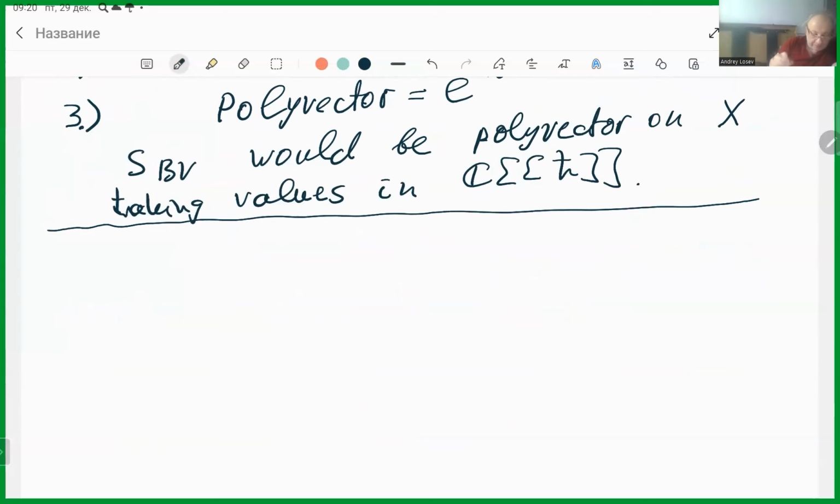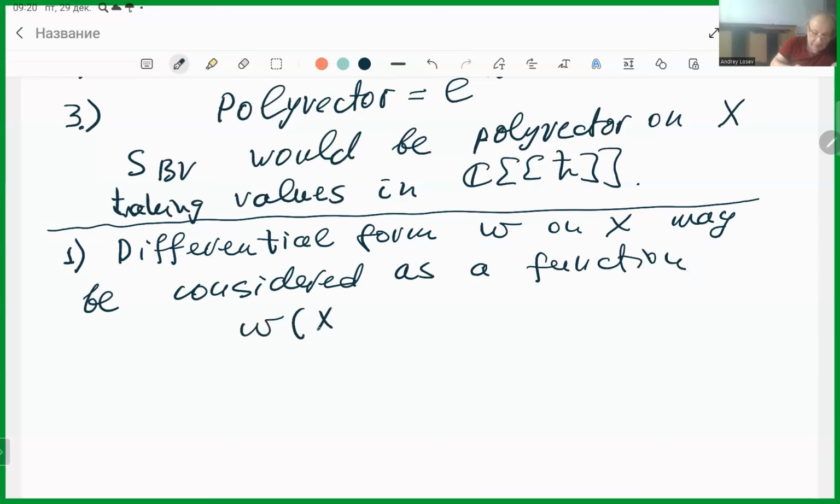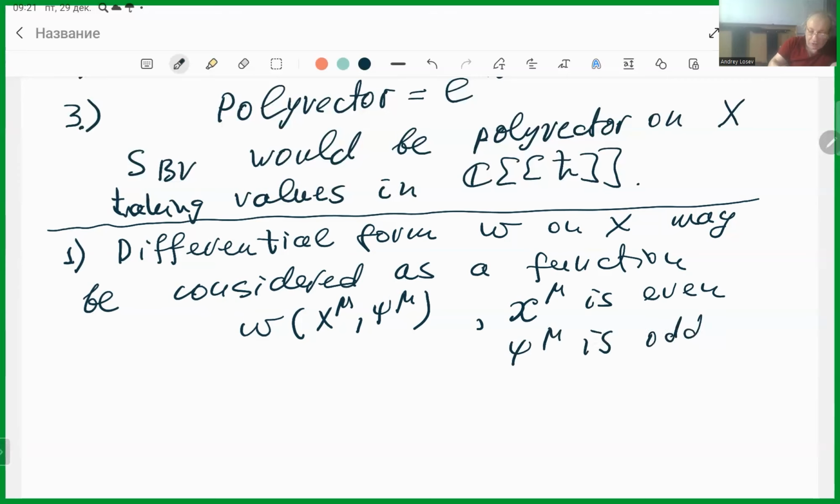So let me explain them in order. One: a differential form omega on X may be considered as a function omega of x mu, psi mu. Here x mu is even, psi mu is odd.